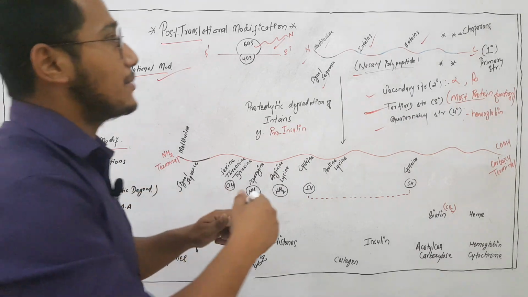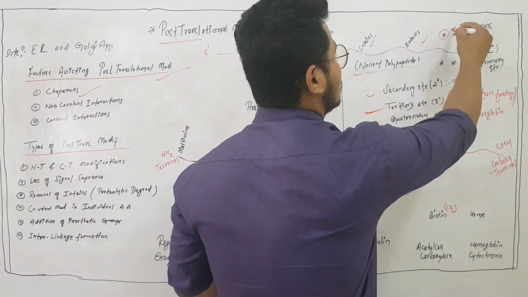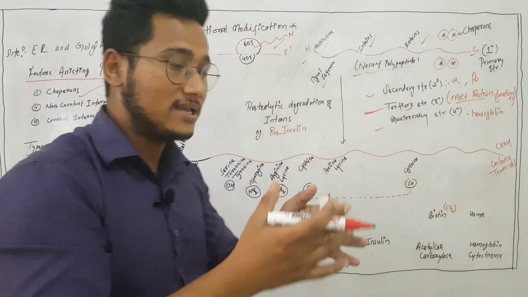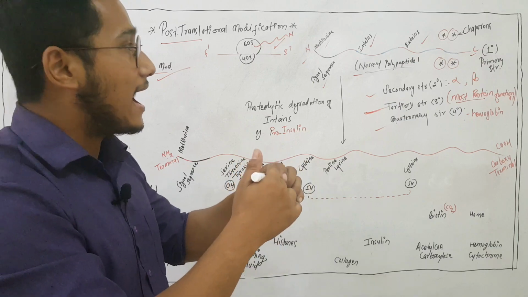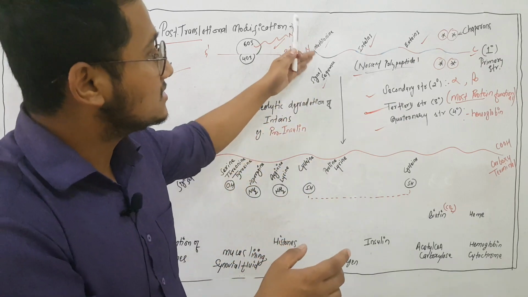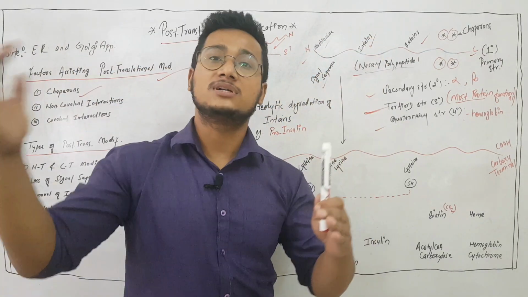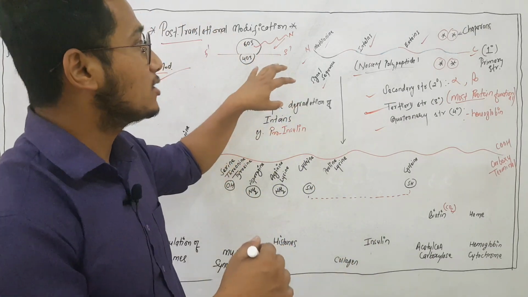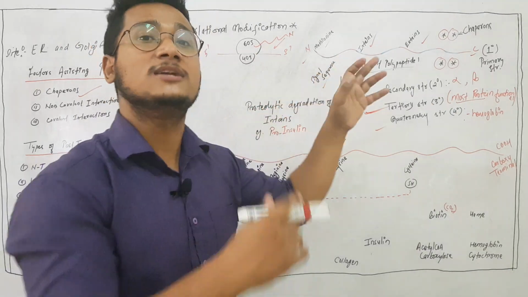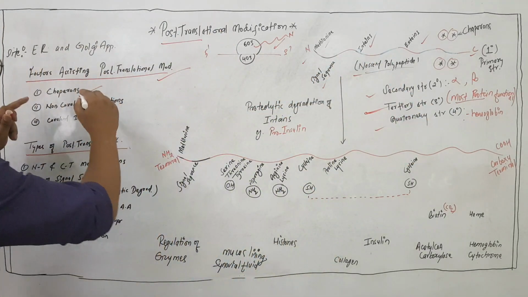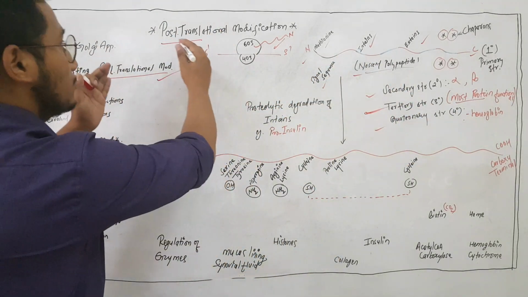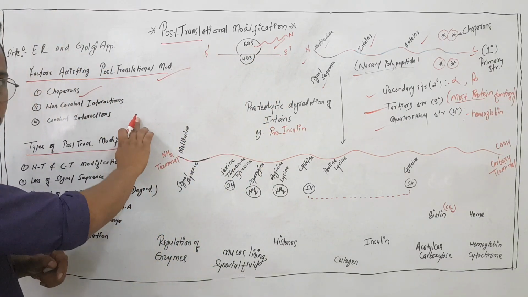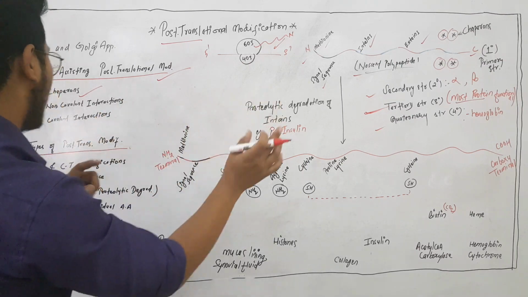And the function of these chaperones, you can see this star-like structure, basically helps this polypeptide to fold properly, and not only that, but it also prevents this nascent polypeptide from certain protein particles which are already present in the cytosol and could attach to this polypeptide and deform it, right? So chaperones help in post-translational modification, but remember, these are not post-translational modification. These are the factors which help.